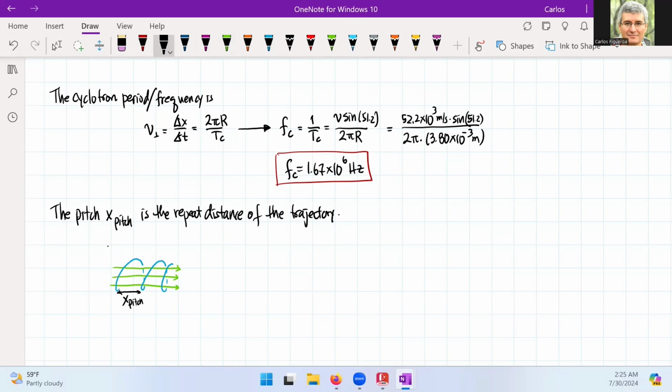But what we know here is that this guy is moving horizontally at v parallel.